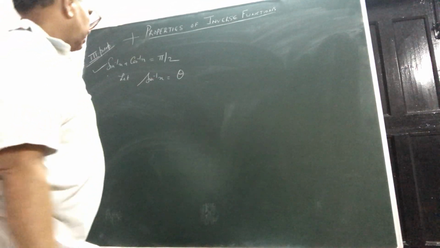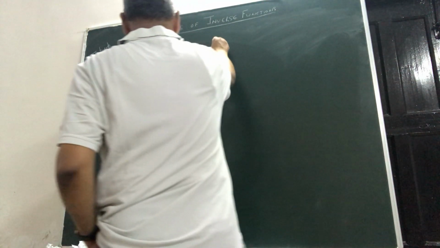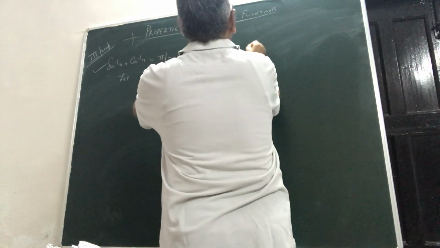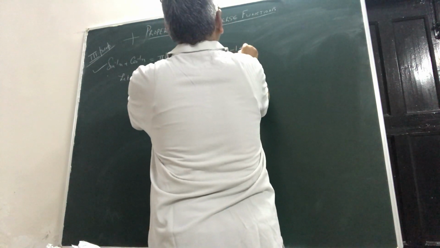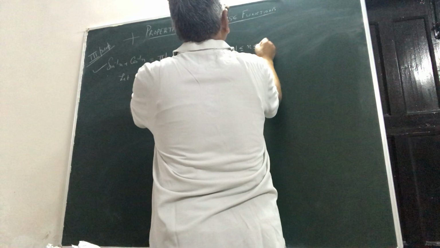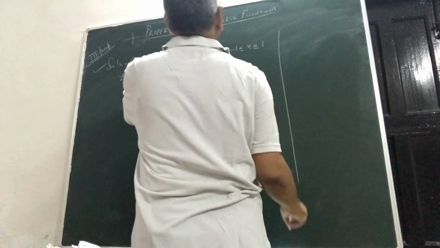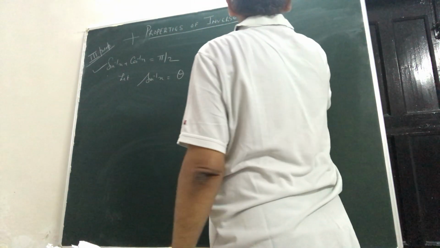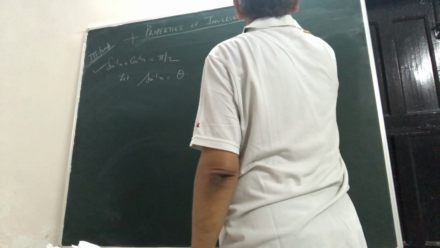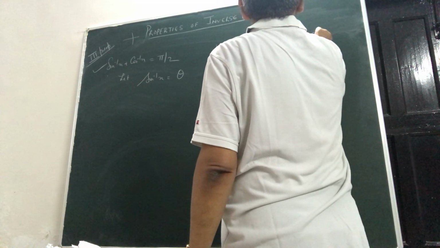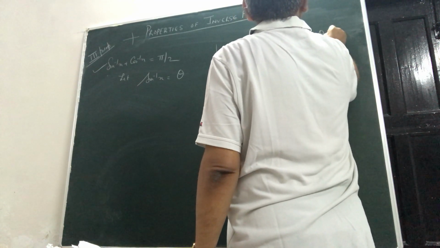Please see, we will first write what x is here. x will lie between minus 1 and plus 1. What about theta? Theta goes from minus pi by 2 to plus pi by 2.